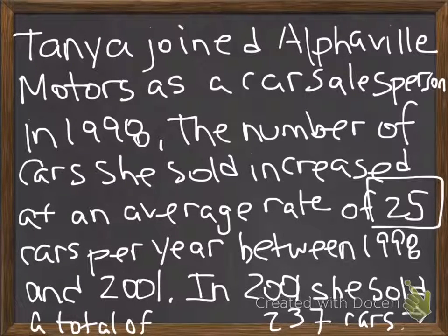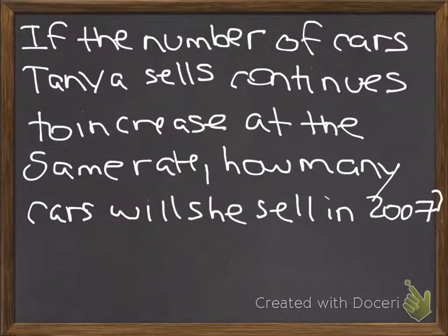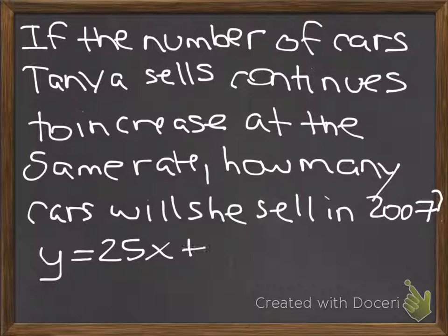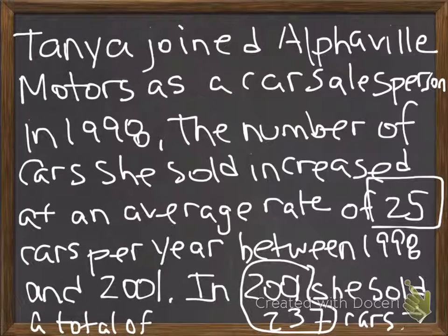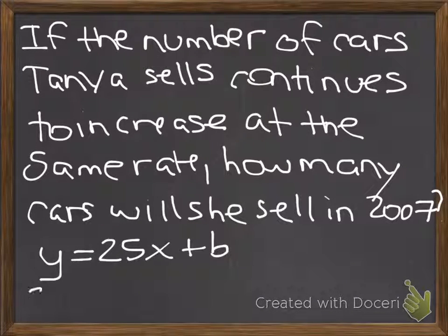That would be our ordered pair that we're going to plug in to our equation to find our b value. So if it's 2001, that is going to be 3 years after 1998, so we would represent that as 3, and that's our x value because it's independent, and then we have 237 as our y.